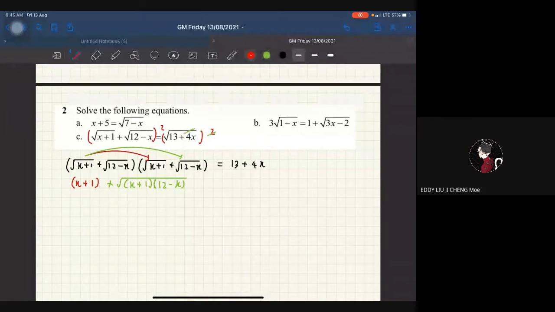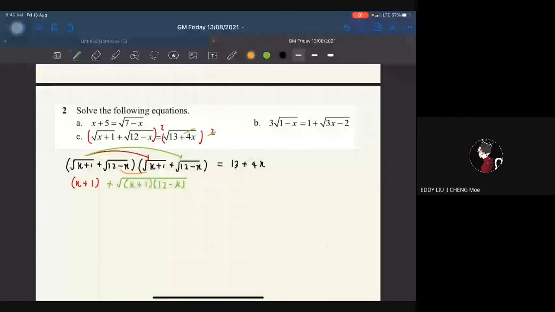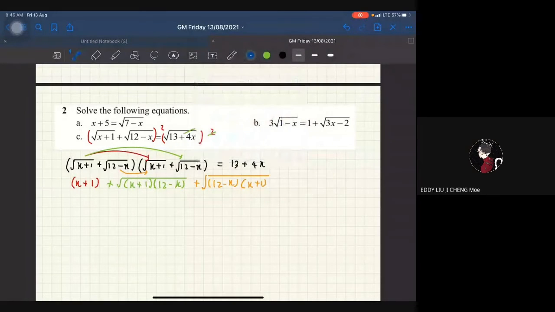And then kita punya third term, if this one multiply with this one, so you will get 12 minus x. Don't forget the third. And then multiplikan dengan x plus 1. Okay. And then finally, awak akan ada plus 12 minus x. Okay, macam tu. So equal to 13 plus 4x.